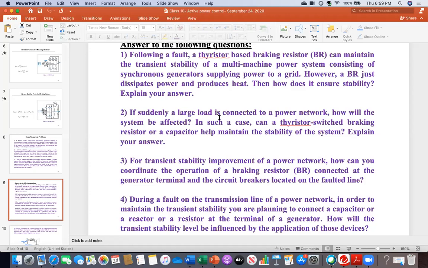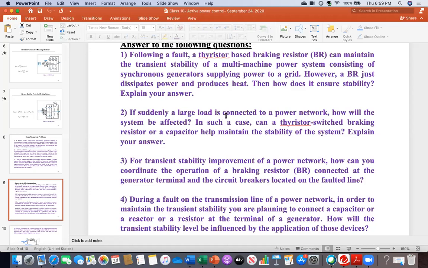When you connect a large load in the system, your system is overloaded. So not only will the system be decelerated, meaning speed and frequency will go down, but your voltage will also go down.